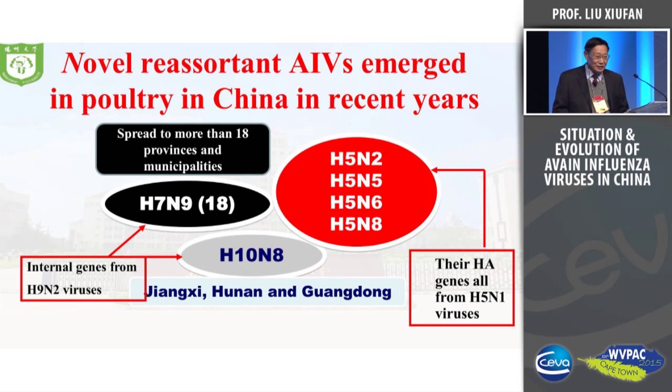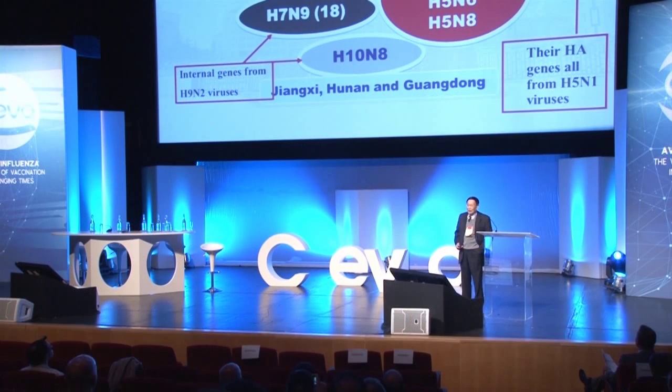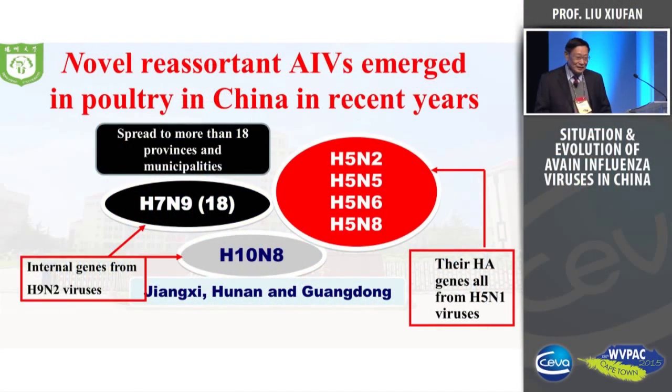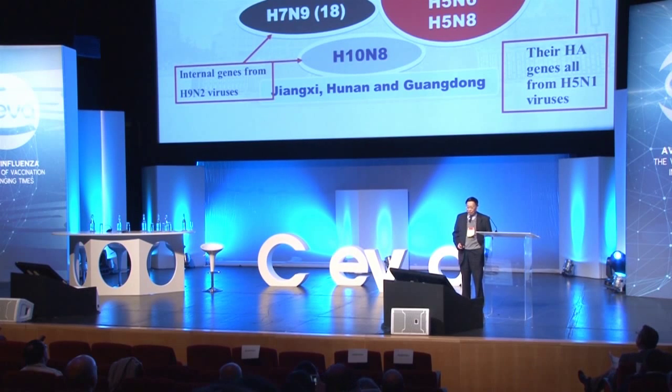Here is the slide that shows you the novel reassortant AIVs that emerged in poultry in China in recent years. First is the H7N9, which spread to more than 18 provinces. It first appeared in 2013. And the second is the H10N8 virus, which appeared in 2010 in 3 provinces, Jiangxi, Hunan, and Guangdong.